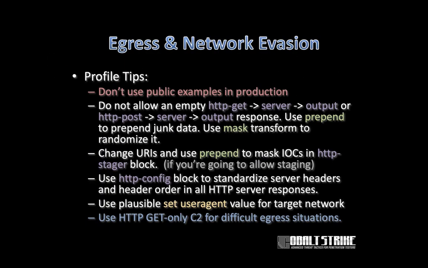The next one I want to speak to is the staging process for staging Beacon over HTTP. I very much recommend you take advantage of the HTTP stager block to change what staging looks like on the wire. And again, let me explain what everything looks like and share how you can change that.